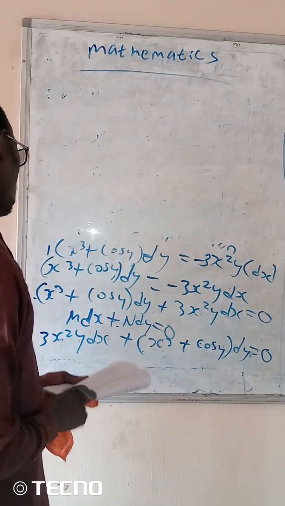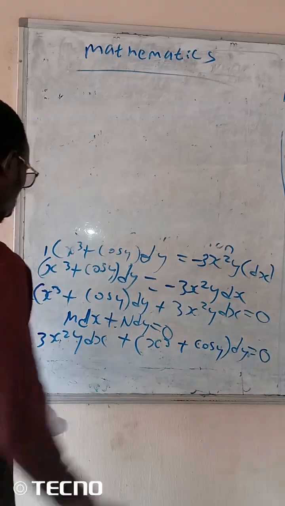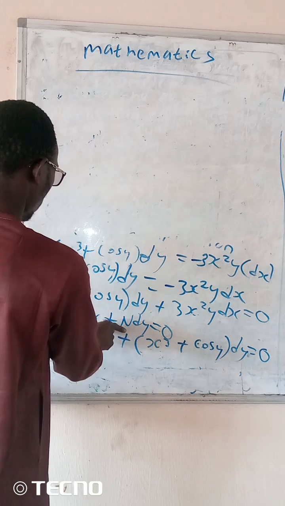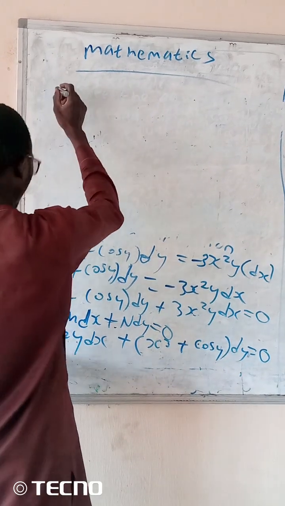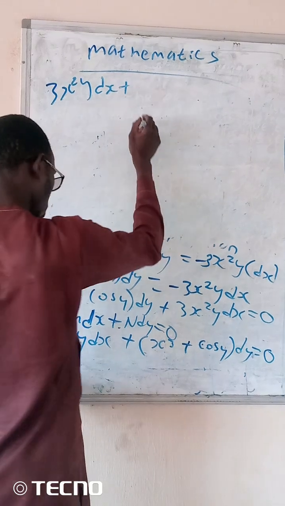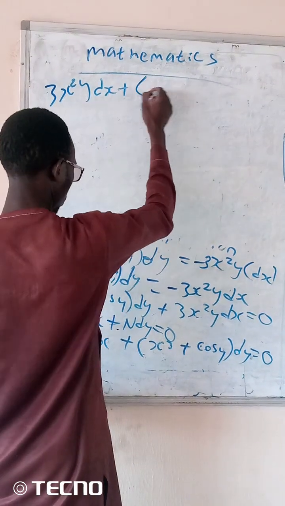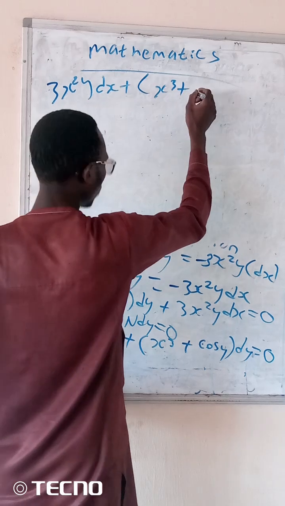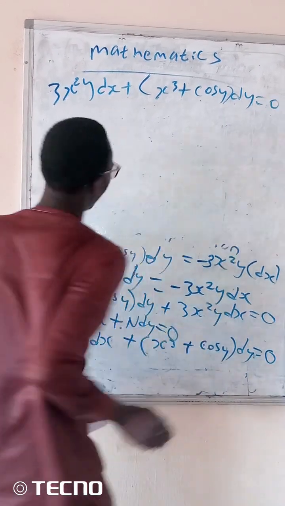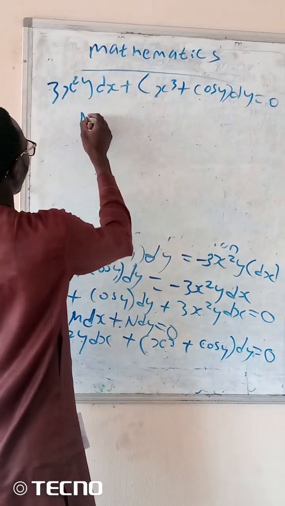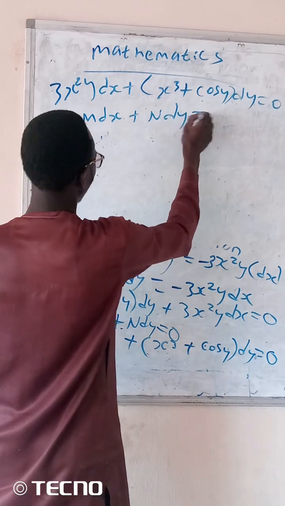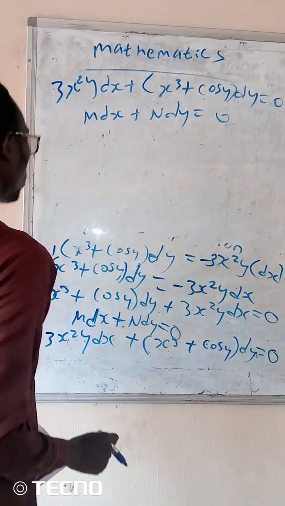So from here, of course, maybe this part is to be in the form of this. Okay, let me write it down. We have 3x squared y dx plus x raised to the power 3 plus cos y dy equals 0. And we want to make it to be in this form, M dx plus N dy equals 0.